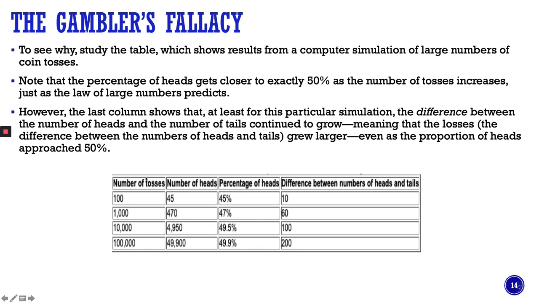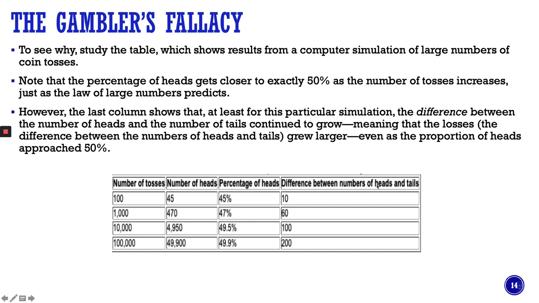So here we have the number of tosses. We went from 100 to 1,000 to 10,000 to 100,000. And you can see the number of heads and the percentage of heads. We started out with 45%, then 47%, then 49.5%, and 49.9%.